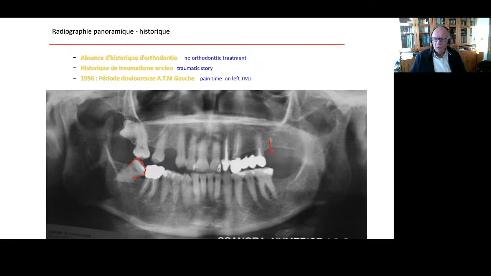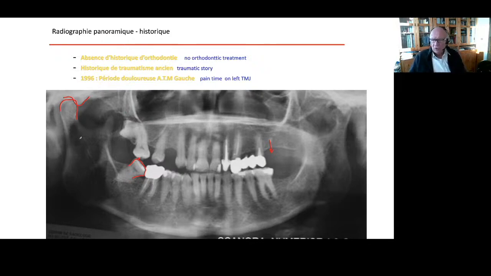No posterior support. Not really posterior support. If you look at the condyle, it is morphology of normal condyle here, and eminence too.